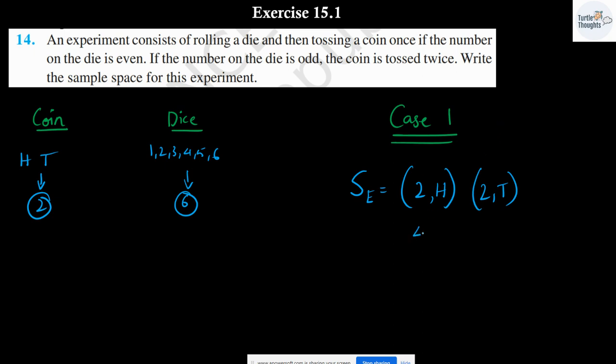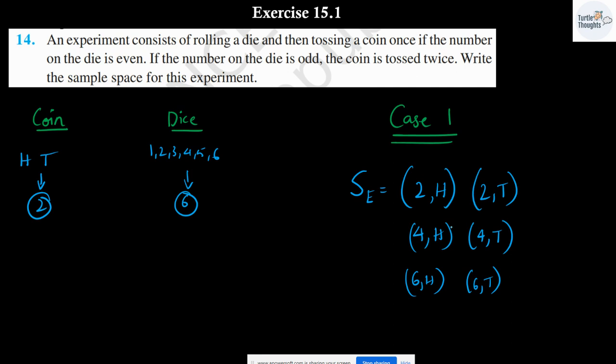Similarly, I can get 4, which is an even number, and then once the coin is tossed, I can get a head, or with 4 I can get a tail. Similarly, I can write with 6 also, because 6 is also an even number.